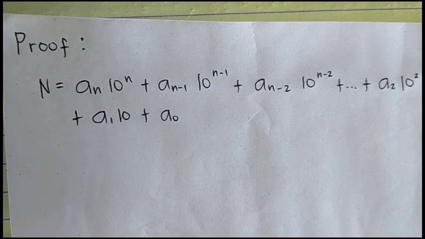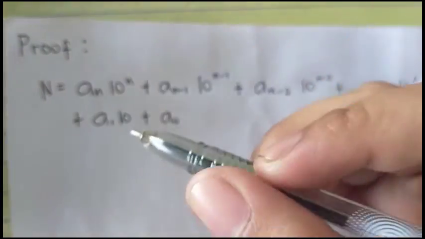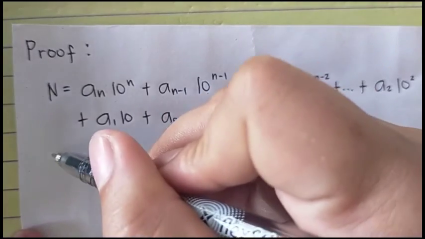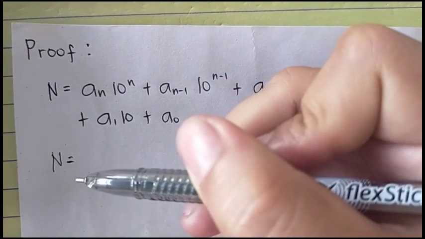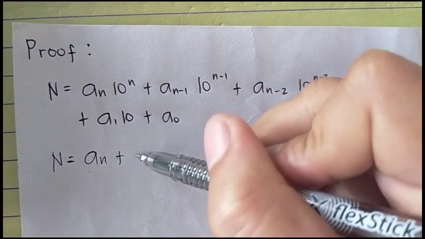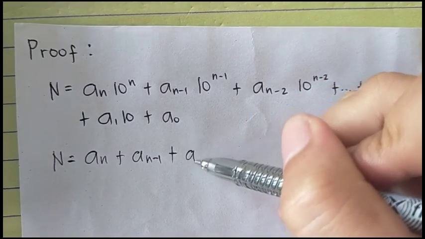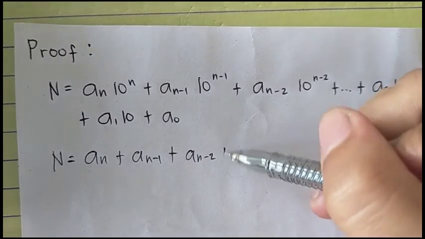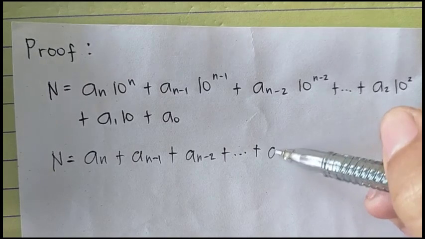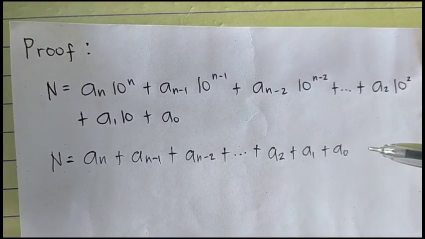So taking the divisibility by 11 of n, we get n is equal to a sub n plus a sub n minus 1 plus a sub n minus 2 plus dot dot dot plus a sub 2 plus a sub 1 plus a sub 0.